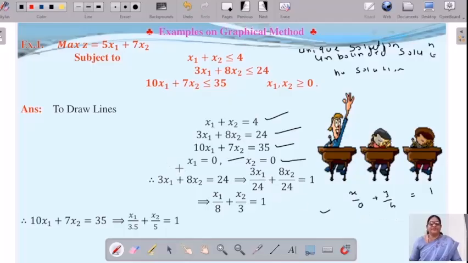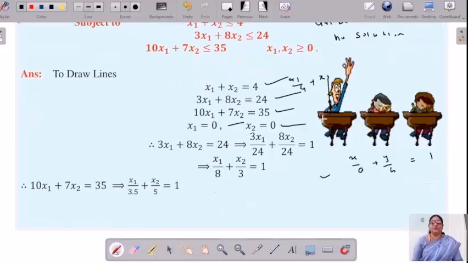We convert all these into two intercept form. Therefore, our first constraint x1 plus x2 equal to 4 becomes x1 upon 4, dividing the equation by 4, plus x2 upon 4.